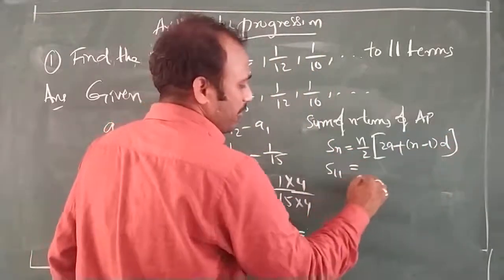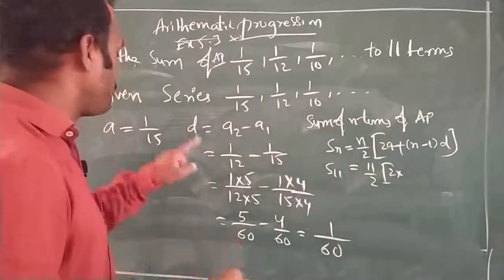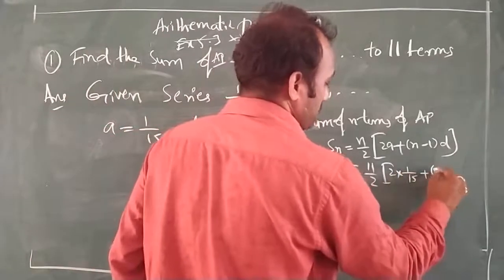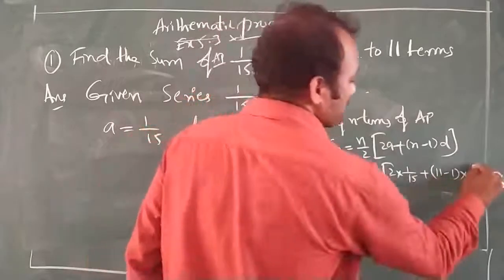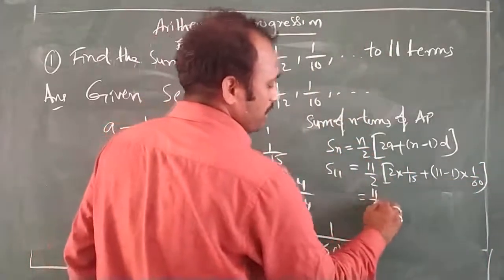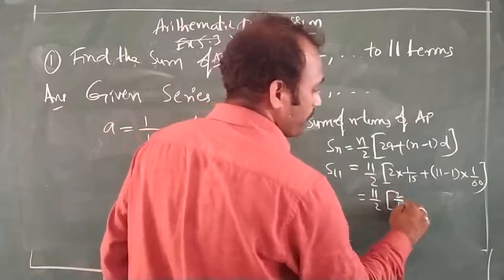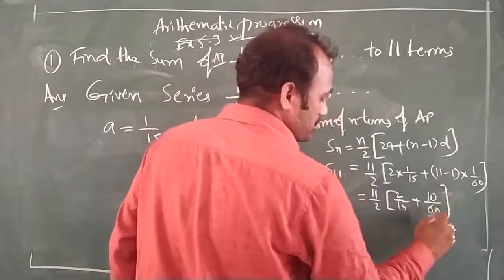That is, S11 is equal to 11 by 2 into (2 times the first term, 1 by 15, plus (11 minus 1) into the common difference, 1 by 60). So that is equal to 11 by 2 into (2 by 15 plus 10 by 60).